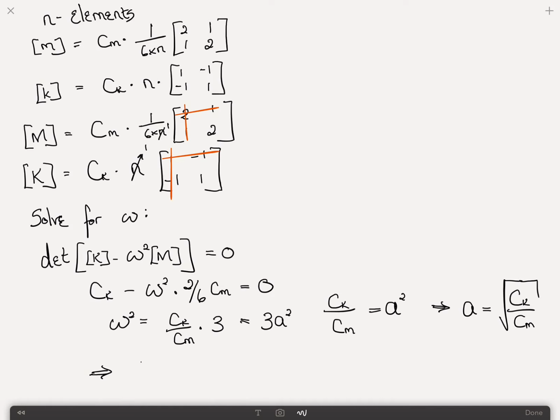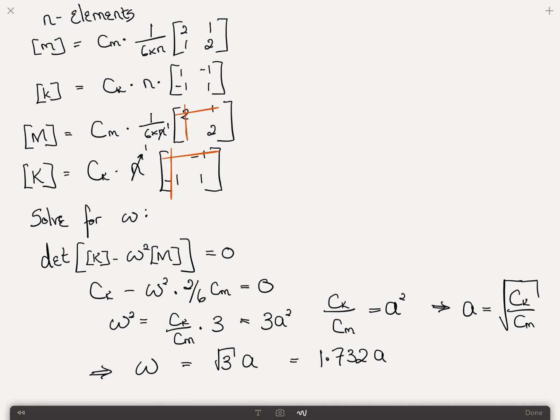This implies omega is equal to root 3 a. And root 3 a, by the way, let's just write it numerically, is 1.732 times a.